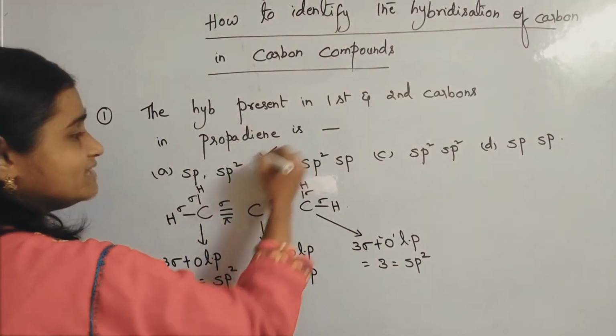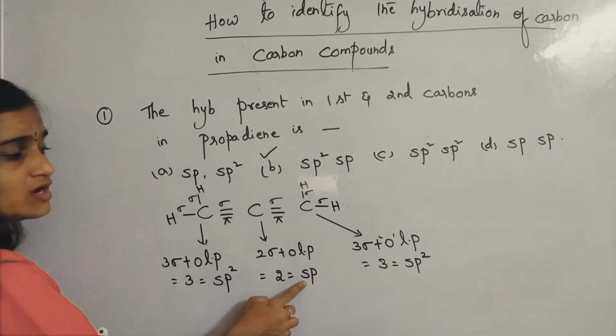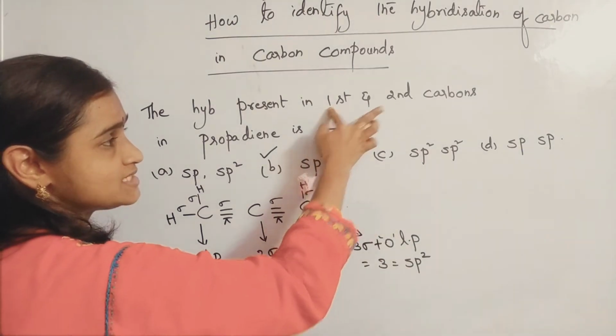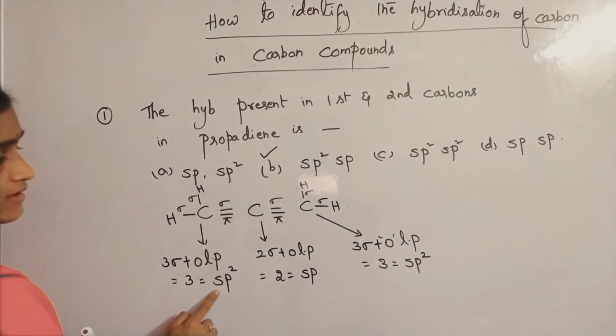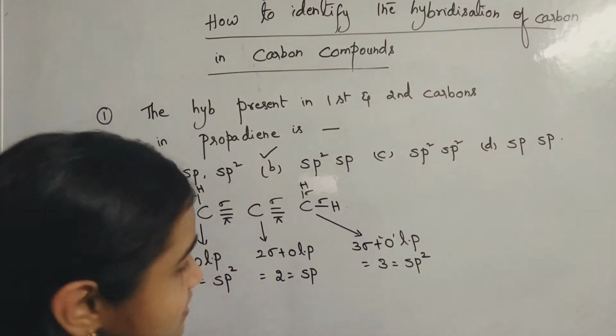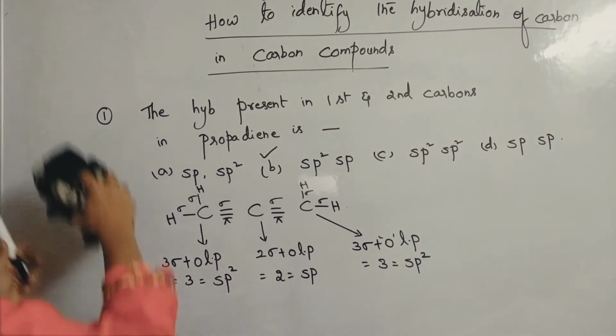So option B will come. First sp2 we got, then sp we got, and the third one he didn't ask for. First and second only he asked, right? So option B. You have to understand like that and check for the questions.